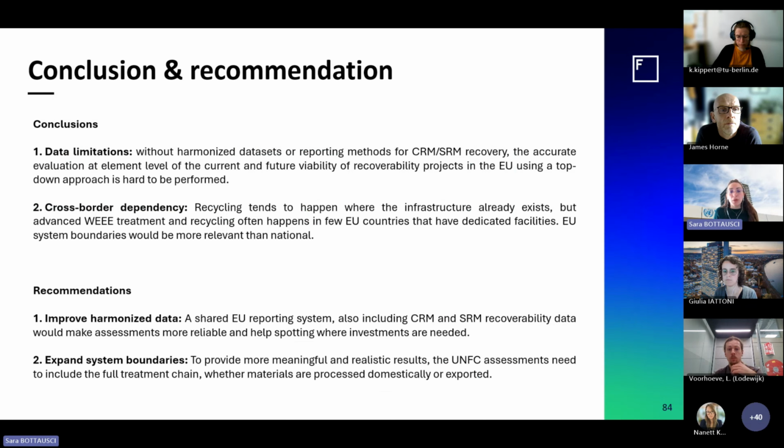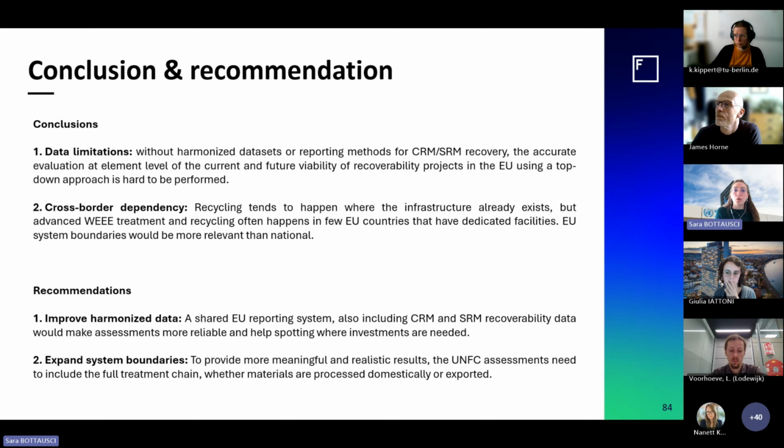To conclude, we can say that applying such a UNFC exercise shed light on a few still existing challenges of the e-waste recycling system. On one end we have the data limitations, in the sense that we have analyzed 3 different countries that had similar reporting systems, but there were still a few differences.